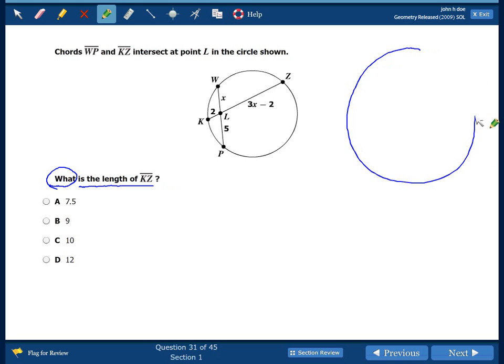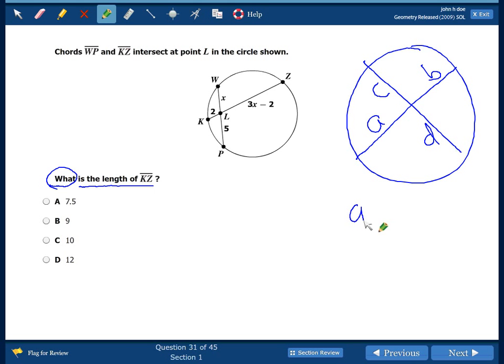So this formula is also not given to you on your SOL formula sheet. If we have A, B, C, and D, which we have here, we have A times B is equal to C times D.